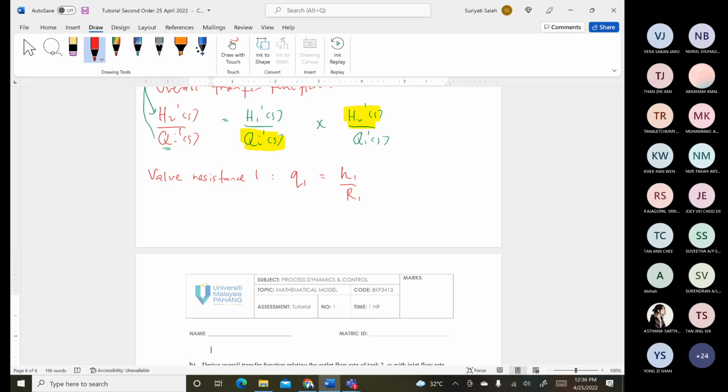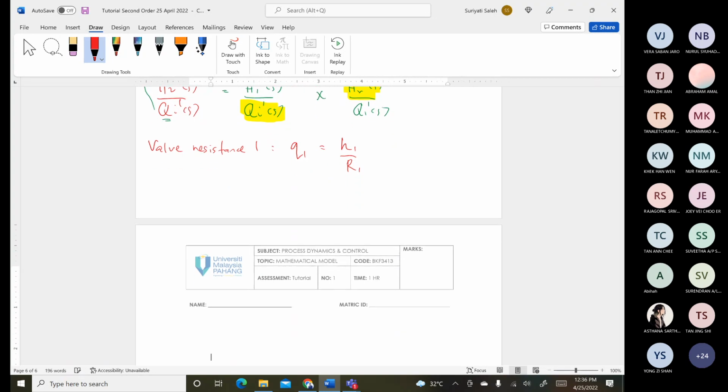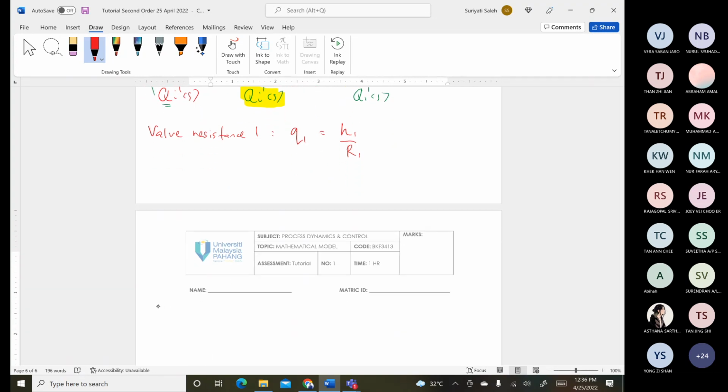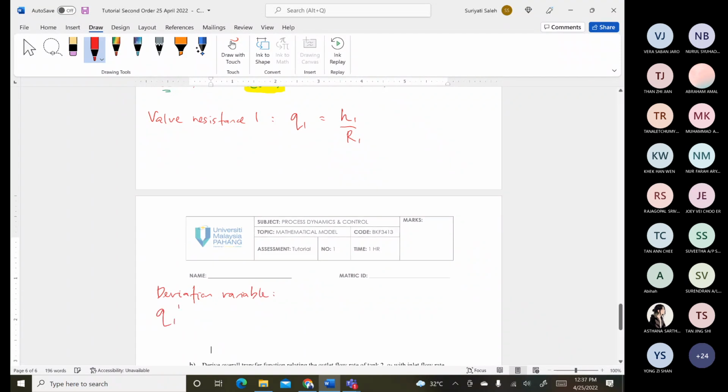When we do the Laplace transform, this equation becomes deviation variables, where Q1 becomes Q1 prime equal to H1 prime over R1.